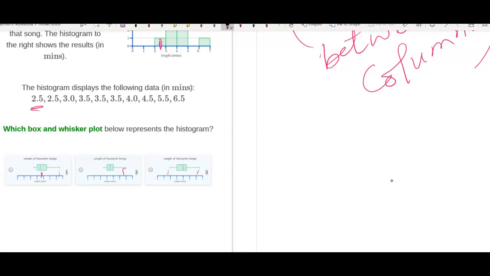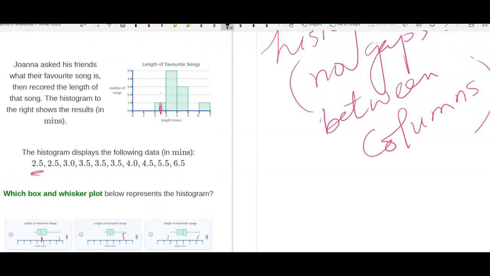So by using all your reasoning power, you should be able to select the right kind of box and whisker, and it is skewed to the right. Look at this, it's skewed to the right.